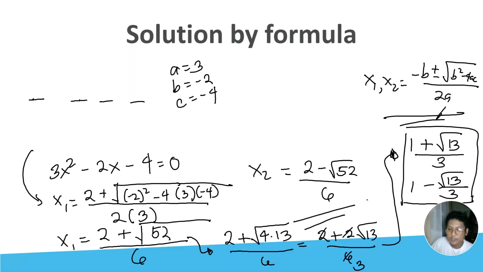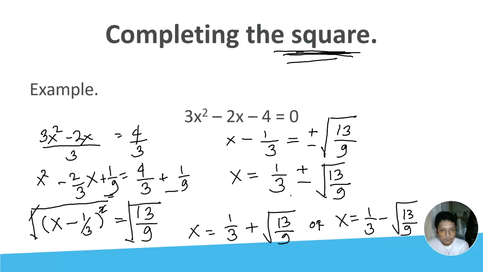So, bakit iba? Iba yung itsura ng sagot natin compare dun sa previous answer. So, ito kasi sinimplify na. Ngayon, yung sagot natin kanina, kung gusto pa natin tong i-simplify, yung 9 is pwedeng i-square root.